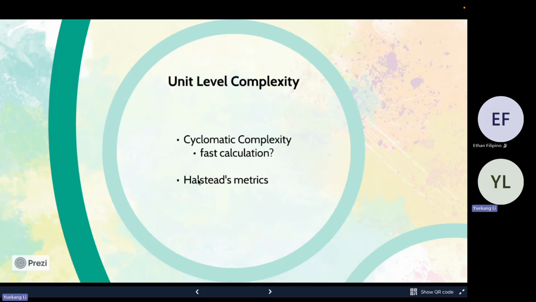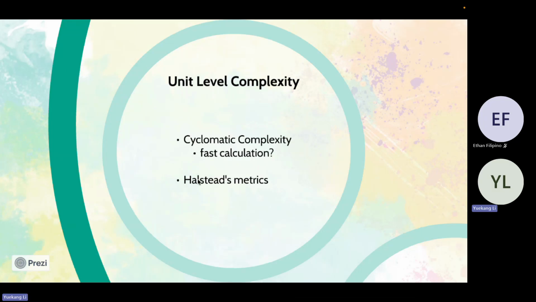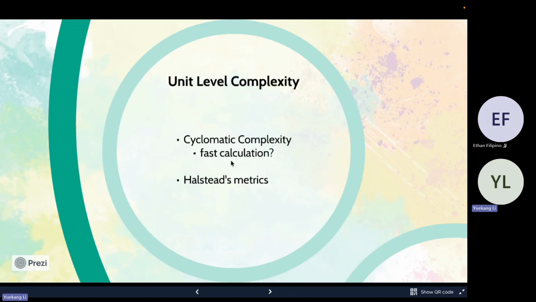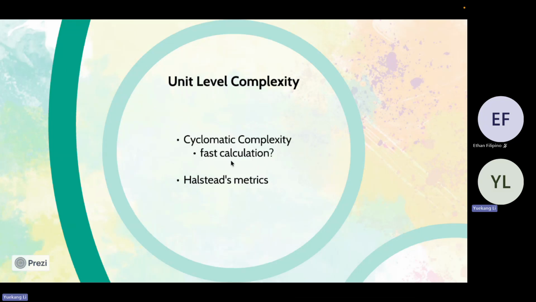Then we also learned about Halstead metrics, because the limitation of cyclomatic complexity is that it only cares about the structural complexity of the control flow graph, but it doesn't care about the volume of the program. A large program which runs sequentially without any branches may have a very low cyclomatic complexity, but it is still likely to be buggy.